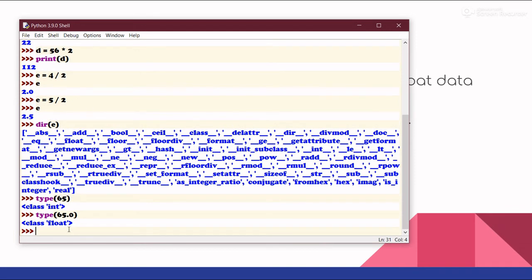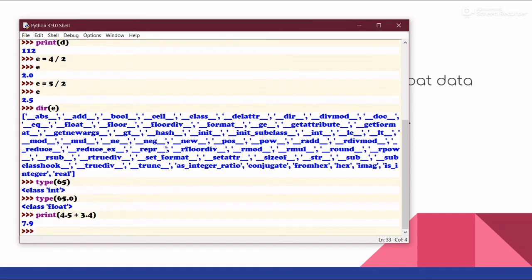Let me just show you. Instead of using variables, this time I'm just going to display it on the screen. Let's use the print function with 4.5, which is a floating point number, plus 3.4. We got 7.9.